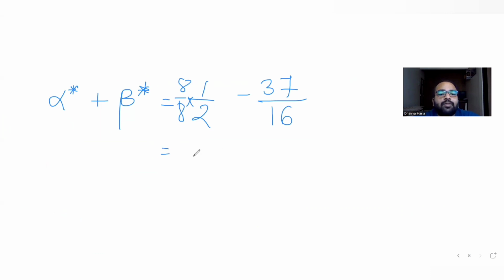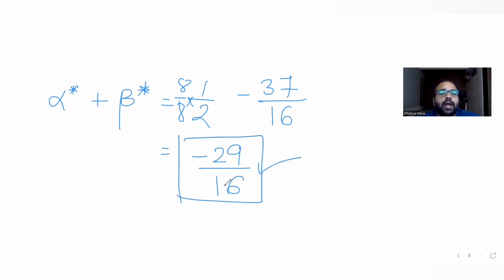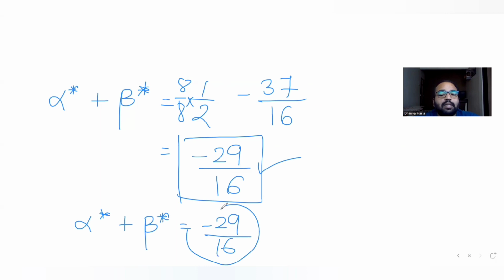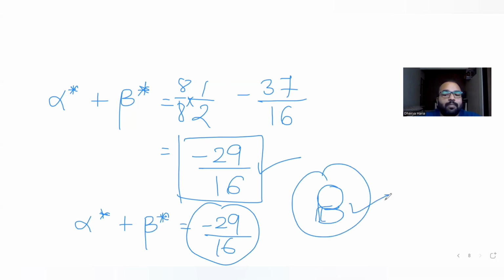So 8 minus 37, and that becomes minus 29 upon 16. So the sum of the minimum values of alpha and beta is minus 29 by 16. And if you see this with the options, it matches with option B here, right? So the correct answer for this question is option B.